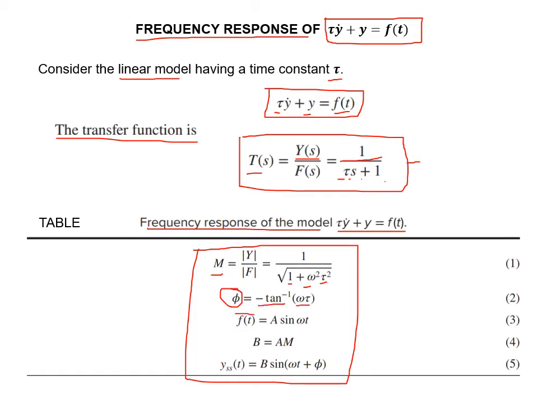And our f of t, our input function here, is given by A times the sine of omega t. Our B is equal to A times M, where A is from our input function. And our steady state, y_ss of t, is equal to B times the sine of omega t plus our theta value. This again is a great table to reference back to, and we can get our transfer functions in this general form from any of our linear models that we have.